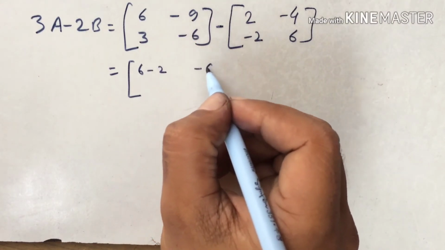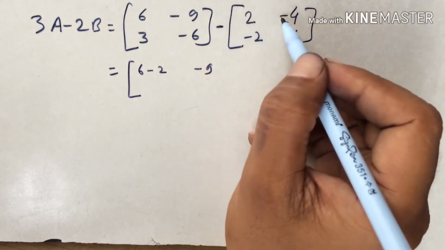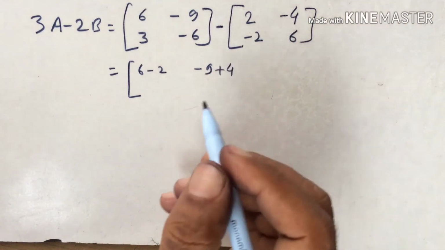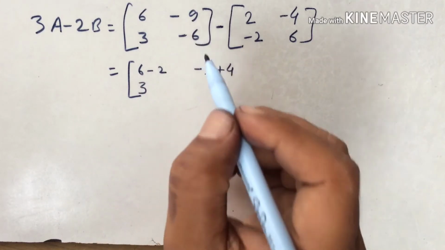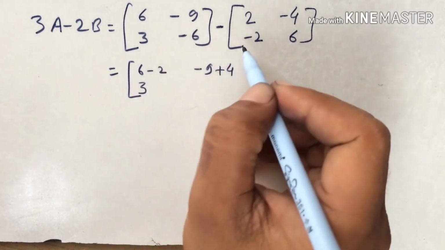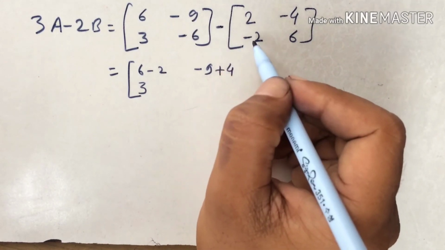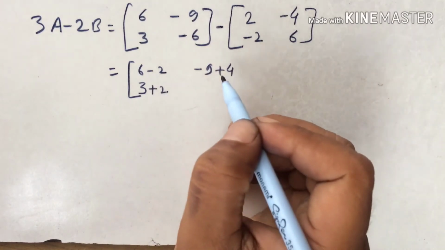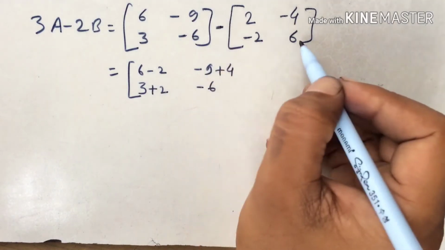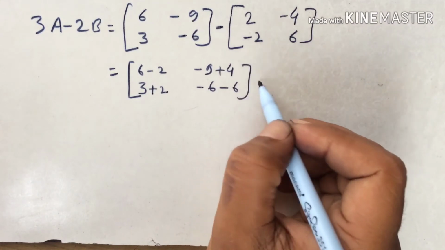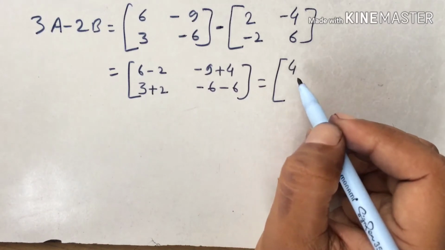Minus 9 minus minus 4, minus minus becomes plus, so it is plus 4. 3 minus minus 2 is 3 plus 2. And minus 6 minus 6 is minus 12. So we will get 6 minus 2 equal to 4.